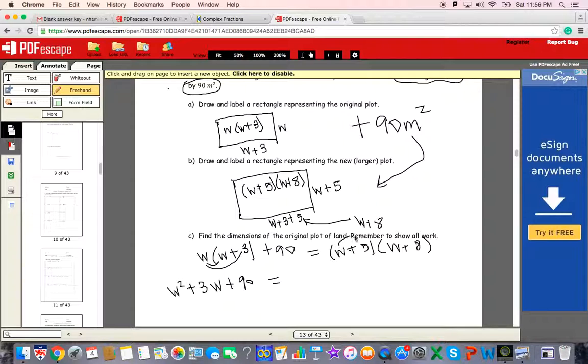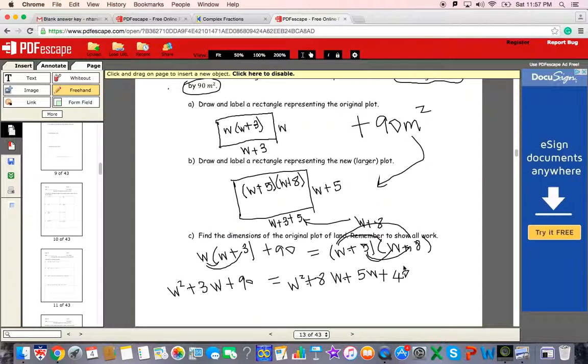First is W squared, outer is plus 8W, inner is plus 5W, and last is plus 40.